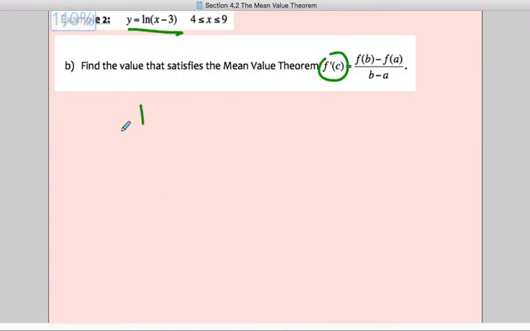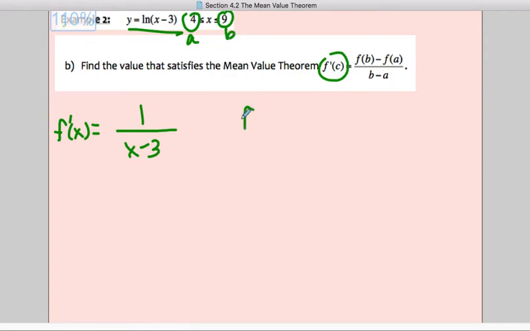We had 1 over, I'm going to write down f prime of x. But you see how it wants f prime of c is equal to this? So we're going to just write down what it is, and then we'll plug it in with the value of c. And then it wants f of b minus f of a all over b minus a. So this is really asking us to find our 2 points and then find old school slope. So our endpoints, this is your a, this is your b.